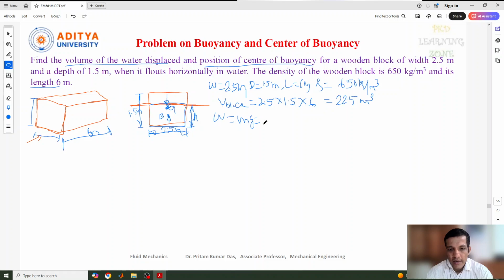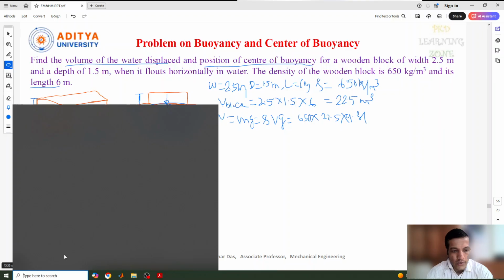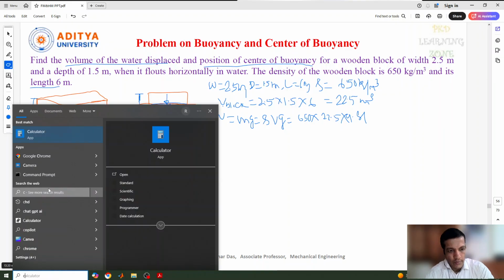So W equals rho into V into g. The rho of the object is 650, volume of the object is 22.5, into 9.81. We can calculate this with the help of the calculator.